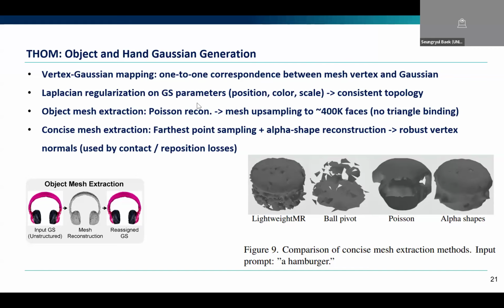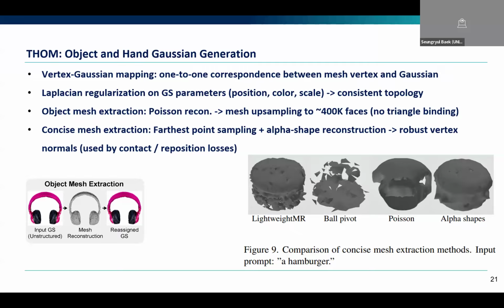During the object mesh extraction, we use a simple and robust approach. First, we apply Poisson reconstruction, and we upsample the mesh to 400,000 vertices.